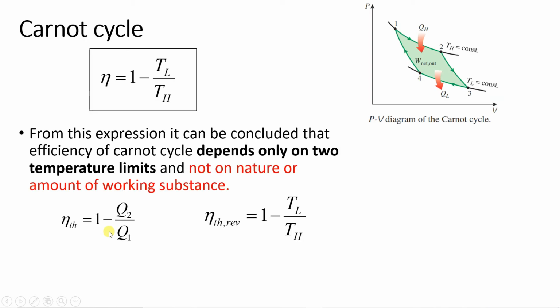One more important point to note was that in case of Carnot cycle, I'm talking about the engine, not Carnot refrigerator, the efficiency depends on two temperature limits only, T high and T low, and not on the nature or amount of working substance. So this you had seen in thermodynamics.